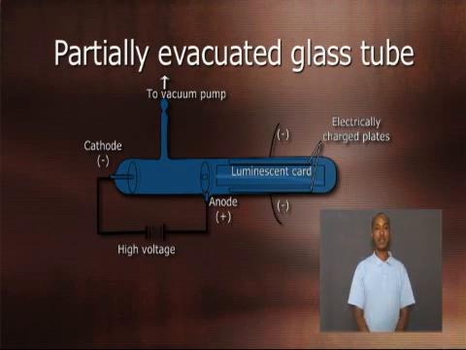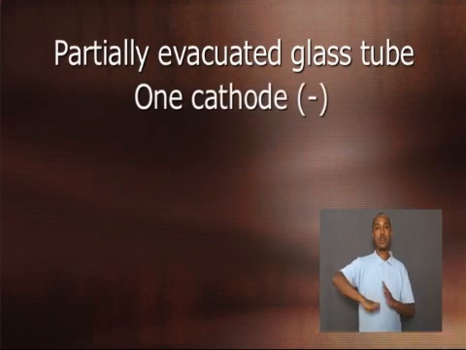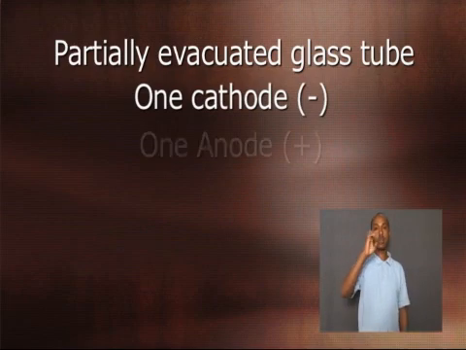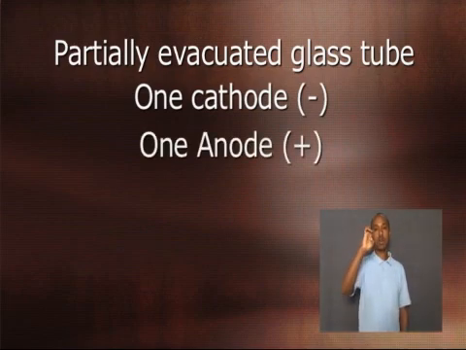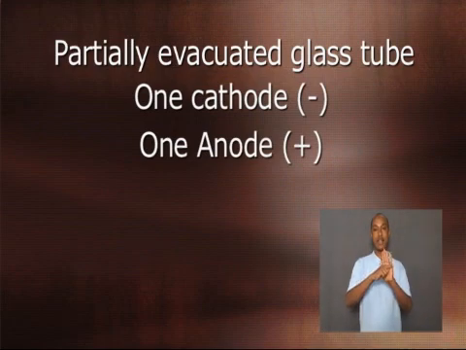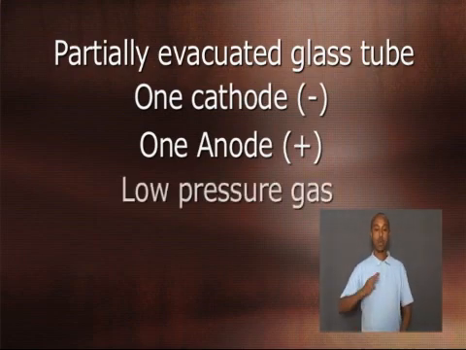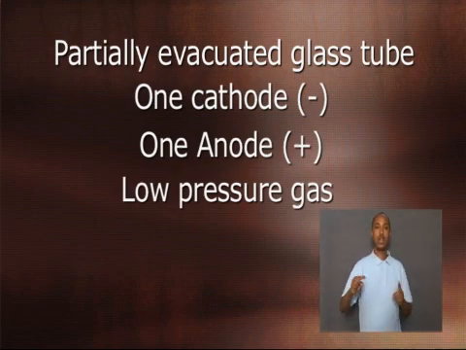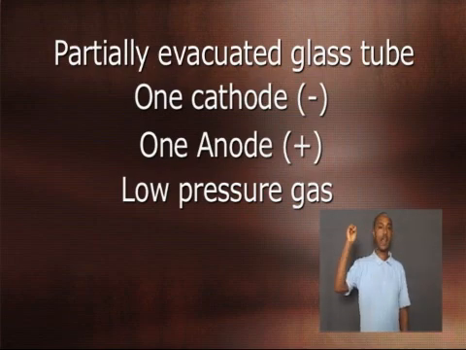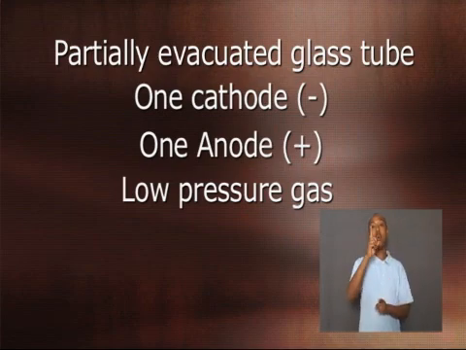At either end of the tube is placed an electrode, one cathode and one anode. These are negatively and positively charged, respectively. We also need a gas at low pressure to monitor the movement of a cathode ray. If these were your answers, once again, great job.